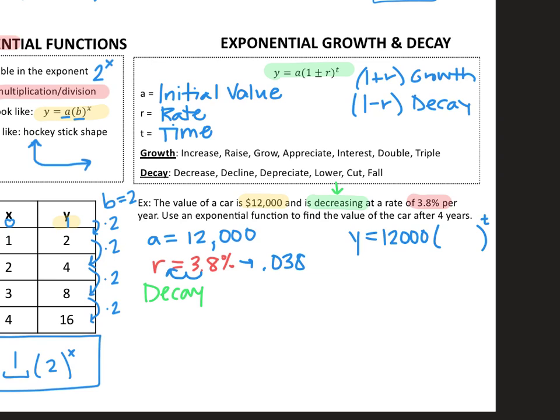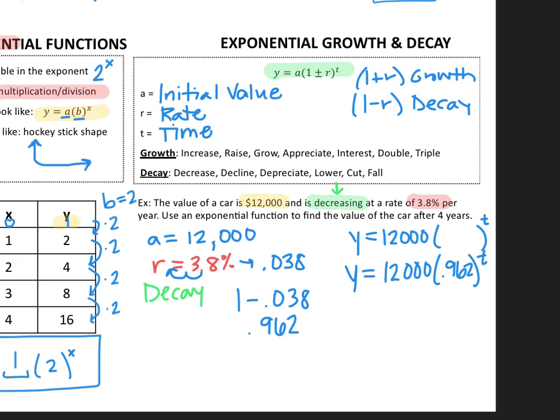Now, if it's a decay problem, we need to start at 1, and we're going to subtract that 0.038, which comes out to be 0.962. So our equation is y is equal to 12,000 times 0.962, all raised to the t. Again, if this was a growth problem, instead of doing 1 minus 0.038, we would have done 1 plus 0.038.